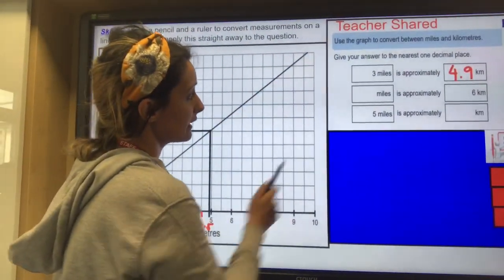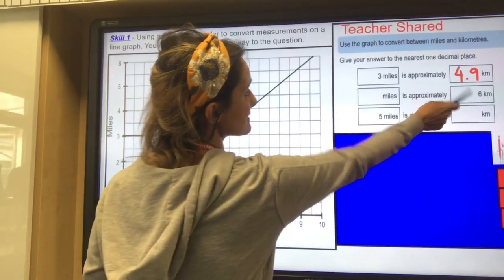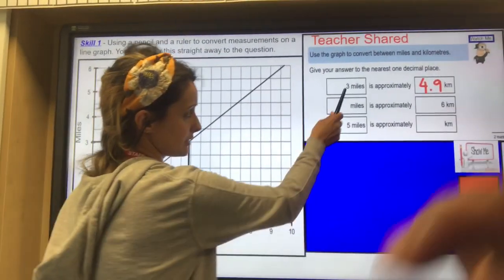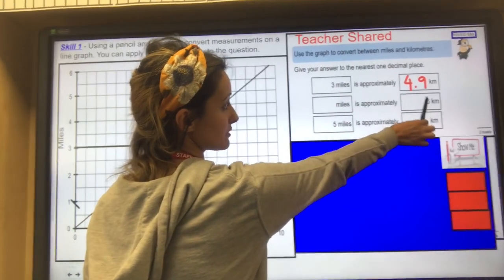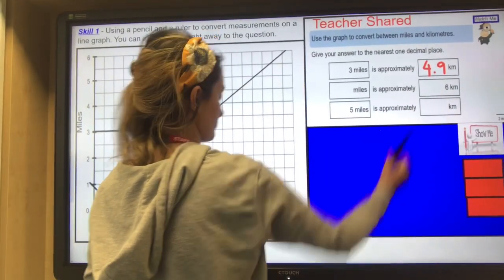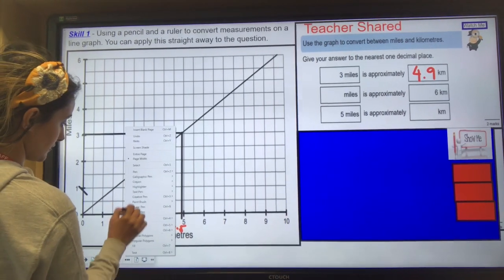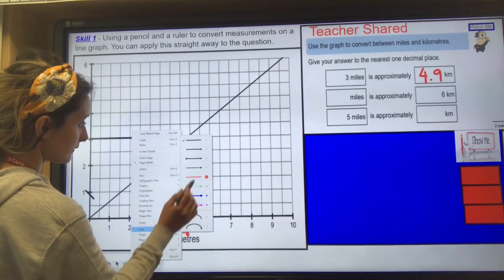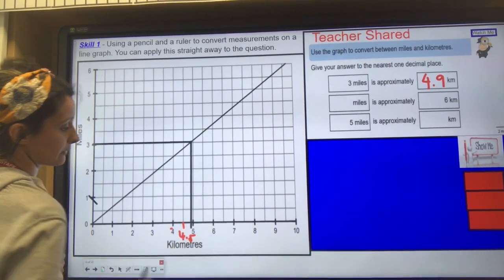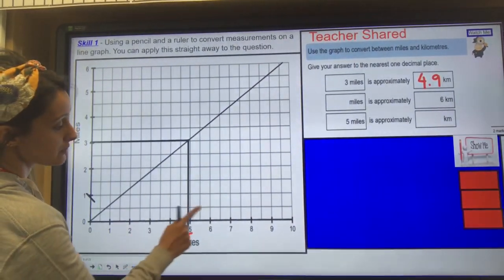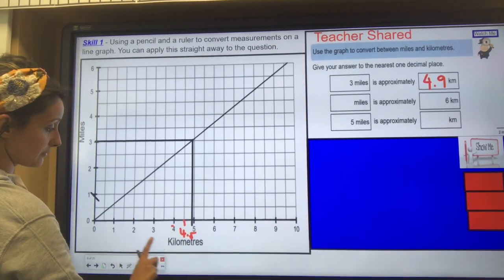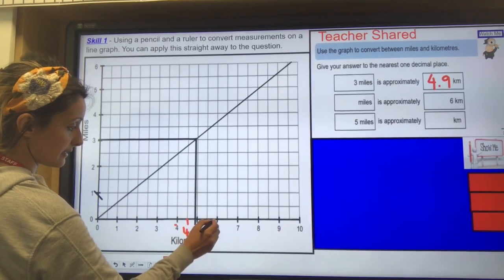The next part here, something miles is approximately 6 kilometres. Now, this question here I started with miles, I'm now starting with kilometres, so I need to look at a different part of my axes. So, let's have a look at the line again. Let's have a look in a different green line so it doesn't become confusing. So 6 kilometres, I need to look on the x-axis here, here's my 6.